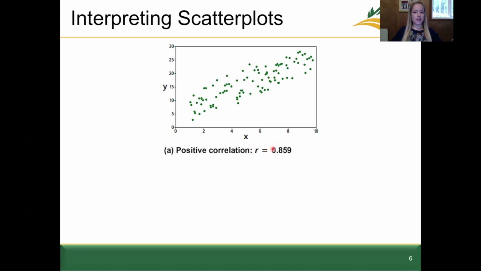It's also a fairly strong correlation because this value for R is fairly close to 1. We'll cover this in more detail, but the maximum value that R can be is +1. So characteristics of this positive correlation is that we do have this distinct straight line or linear pattern.